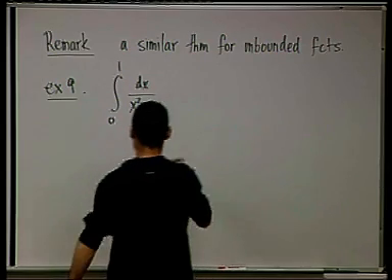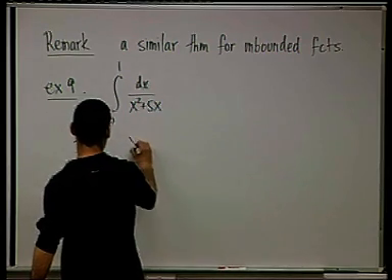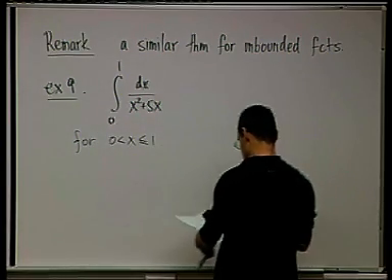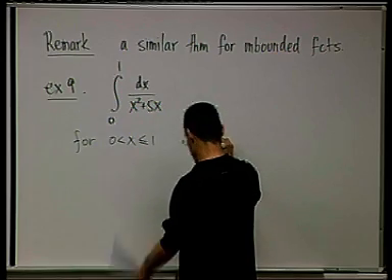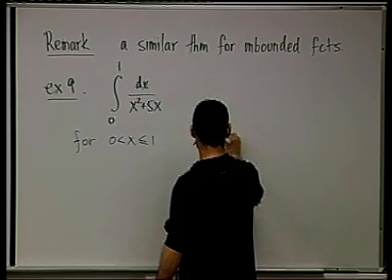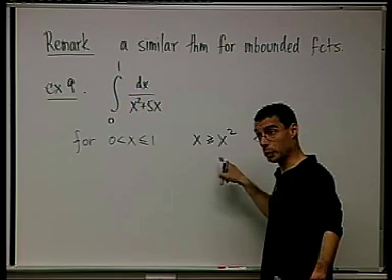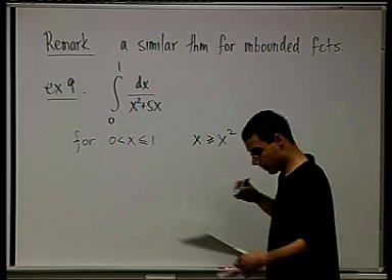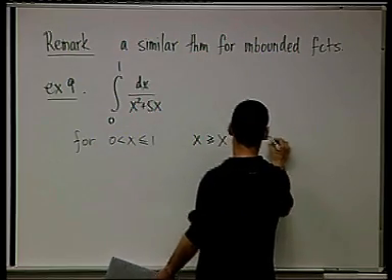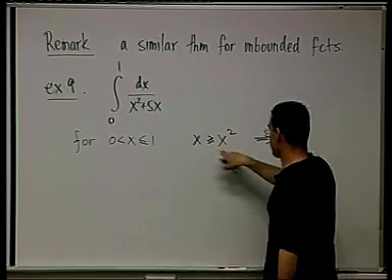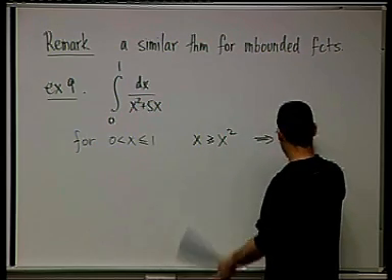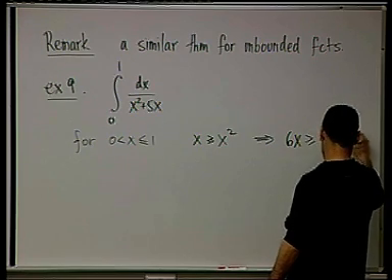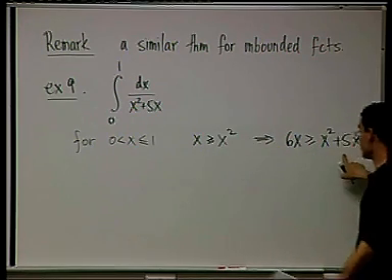Formally, for x's between 0 and 1, those are the x's I'm dealing with, x is greater than or equal to x squared, right? When you square something between 0 and 1, you make it smaller. Do you agree? Therefore, I'm going to add 5x to both sides. 6x is greater than or equal to x squared plus 5x. That's what I want.